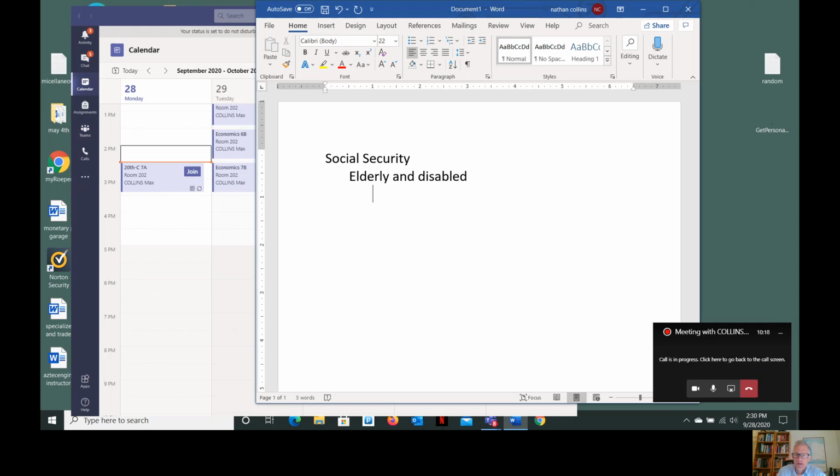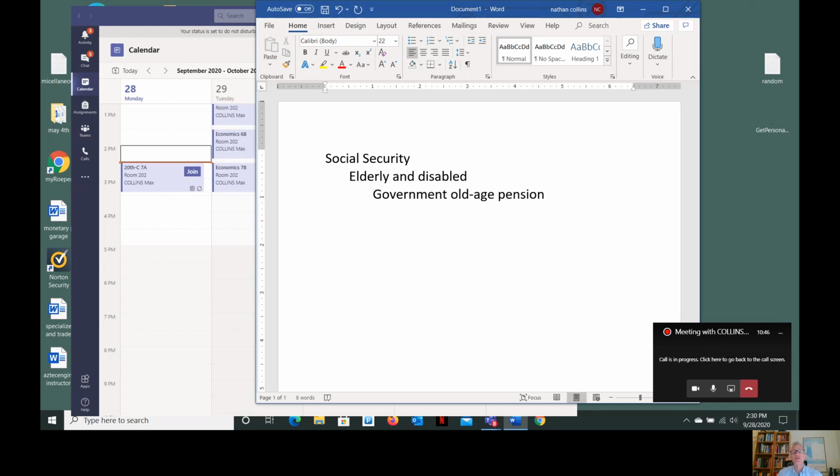Really, it boils down to this: the biggest part of Social Security is an old age pension. There are any number of aspects of Social Security, but by and large, for the most part, Social Security could be described as a government old age pension. As you probably know, in the United States, there are exceptions, but basically, when you get old, you become eligible for Social Security and you start getting money.